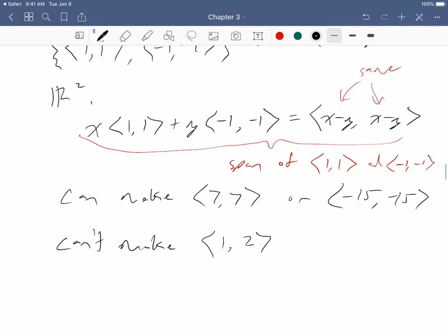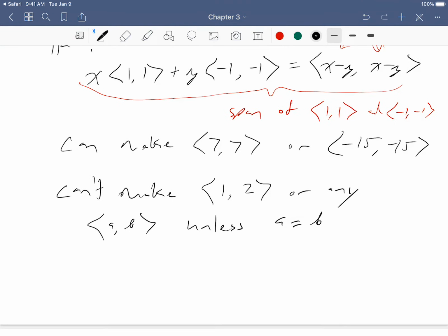I'm not going to be able to make x minus y be 1 and x minus y be 2. So really, we can't make any a b unless a equals b. And so these don't span R2, they span only like that x equals y line on R2. They span only the set of vectors that have an x component and a y component that are the same.